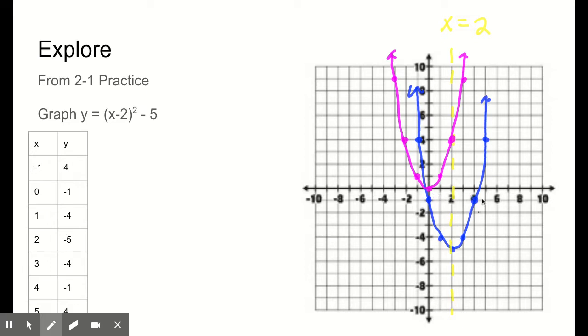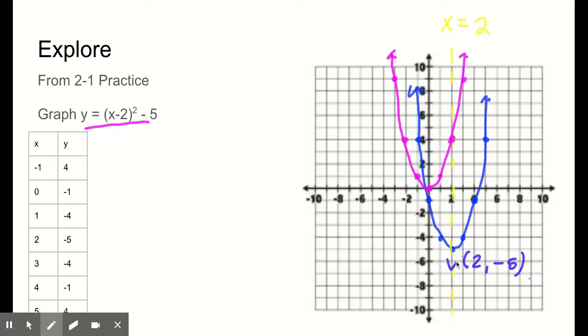So how does this blue graph, the graph y equals (x minus 2) squared minus 5, differ from the parent function? Well, our vertex is here at 2, -5. Let me actually do that in a different color. I don't want you to get that confused with the pink graph. So our vertex is at 2, -5.